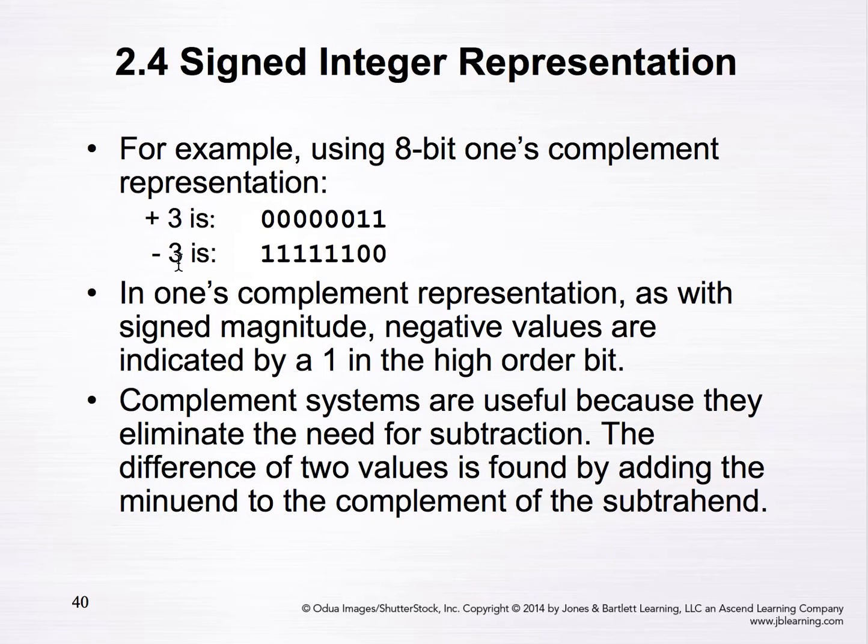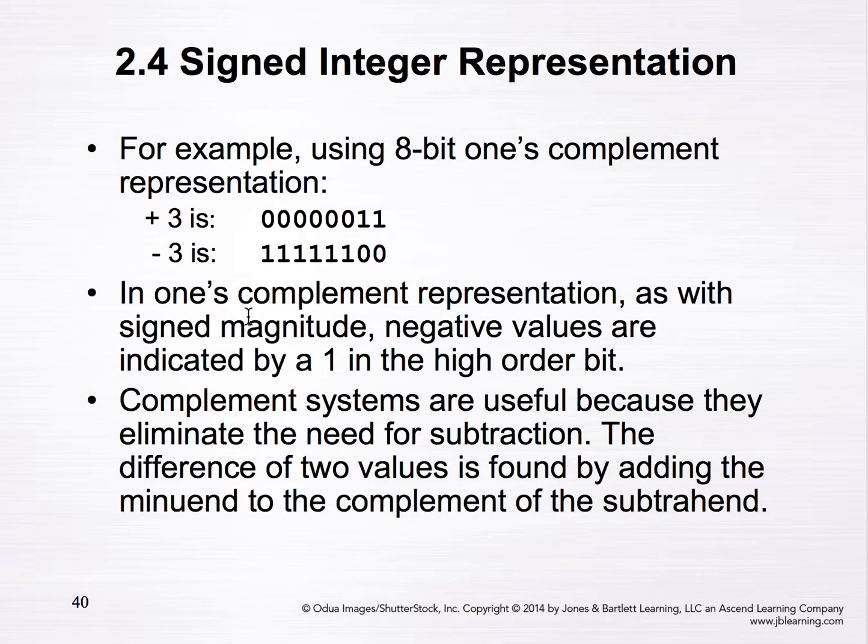Now, in order to represent negative 3, we just flip the bits of positive 3. Flipping the bits means 1 becomes 0 and 0 becomes 1. So this is the bit string representing negative 3.